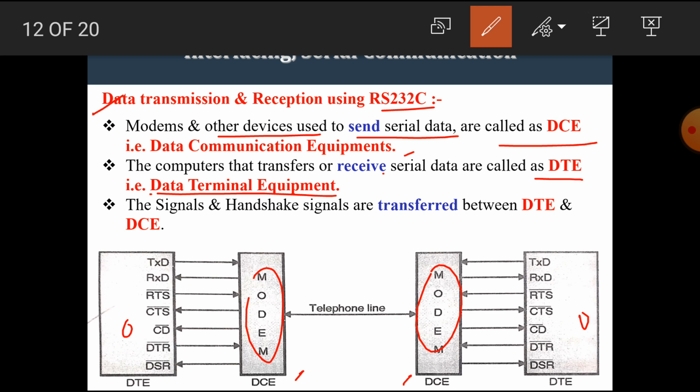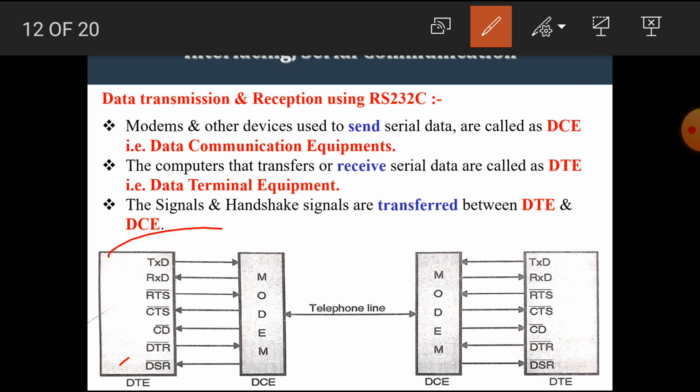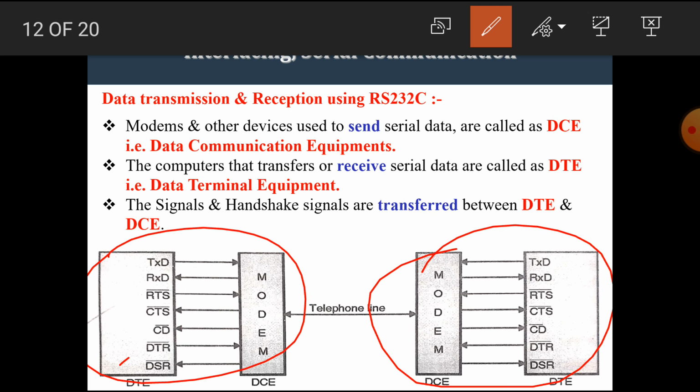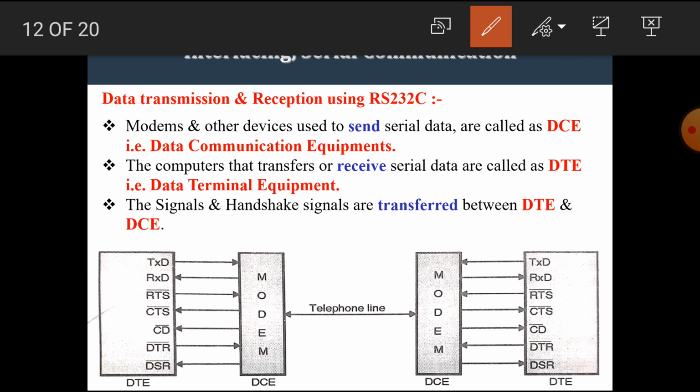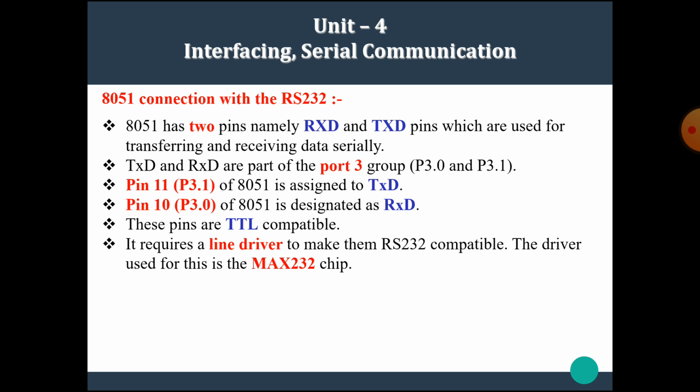These are the data terminal equipments. The signals and handshake signals are transferred between DTE and DCE, that means from DTE to modem. The signals and handshaking signals are transferred to synchronize or to operate with each other. Okay, this is the basic data transmission and reception process in RS-232 standard.